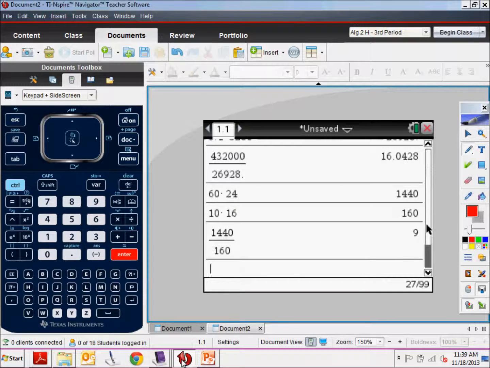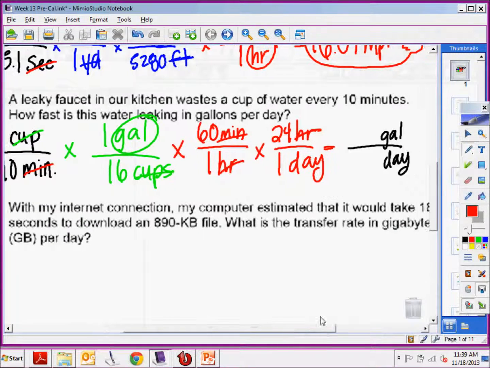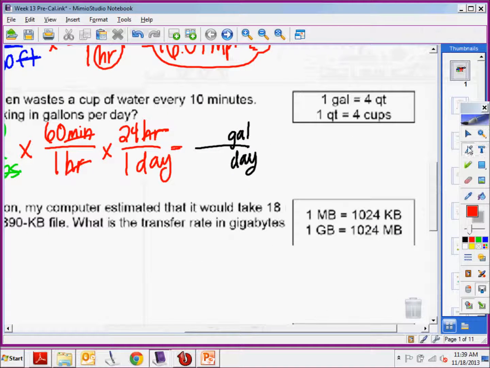I get 9. So by the end of the day, how much water will this waste? 9 gallons. That is a lot of water wasted. That's 9 milk jugs they have just wasted. 9 gallons per day.